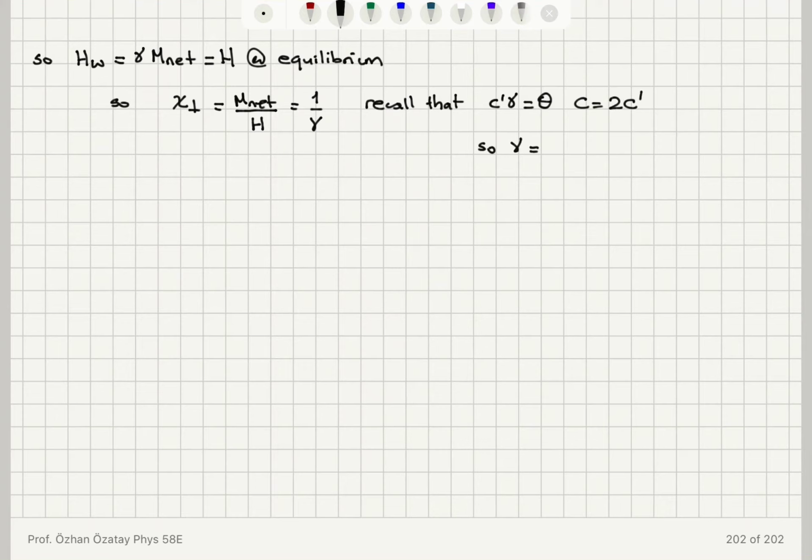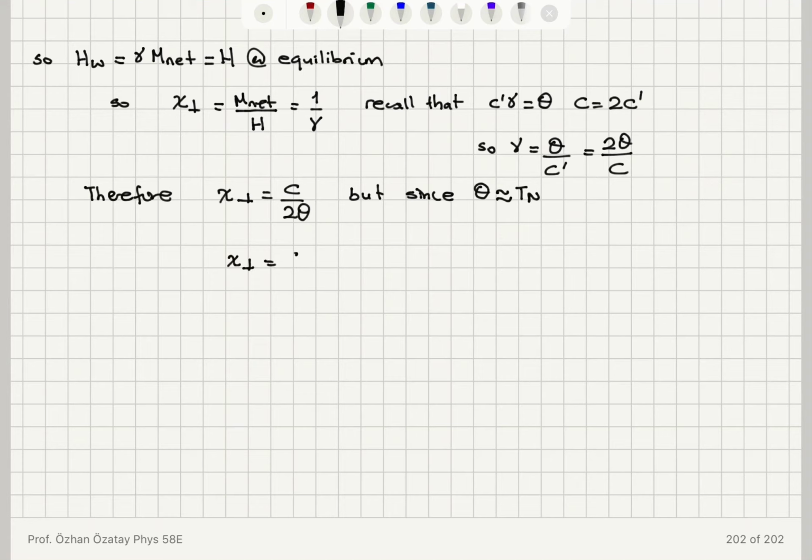So I have gamma is equal to theta divided by C prime, or since C prime is C over 2, 2 theta divided by C. Therefore, I can write the transverse susceptibility as C divided by 2 theta, but since theta is approximately equal to the Néel temperature, remember it was approximate because we were neglecting the next nearest neighbor interactions in the molecular field theory, we have the transverse susceptibility given by C divided by approximately twice the Néel temperature.